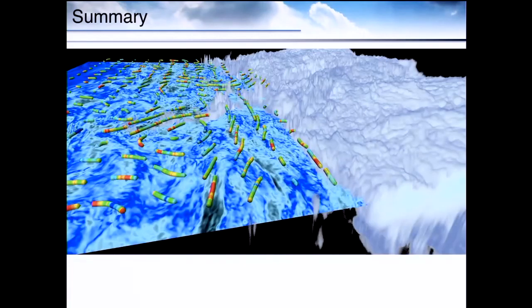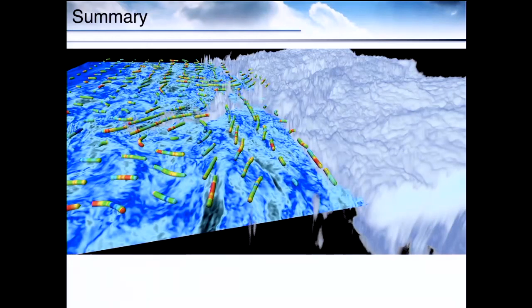The final slide is, models have all these imperfections, but you can do some amazing things with them. You can get a level of detail from your models and internally consistent and continuous data sets that is very difficult to achieve from observations alone.